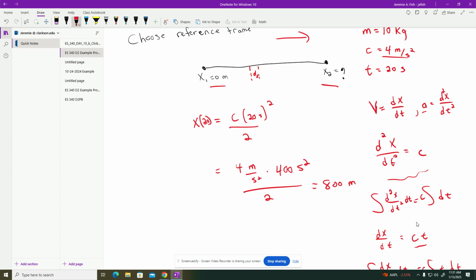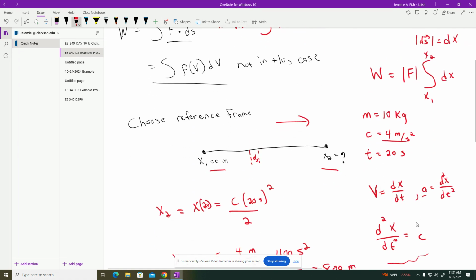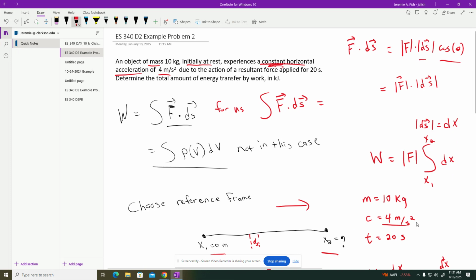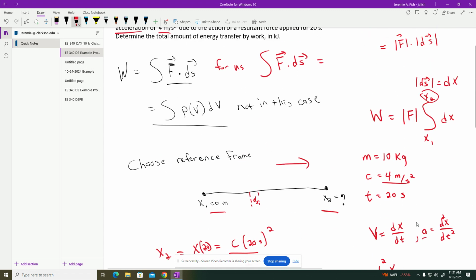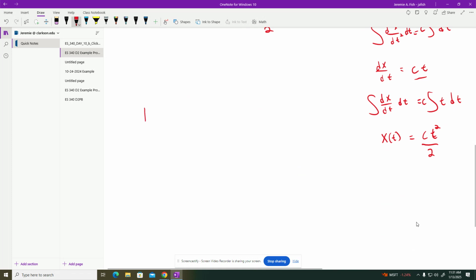So x2 then is equal to 800 meters. Great, so now we actually have x2 here that we can use for our integral. Now the other thing is we need to find the magnitude of the force. In this case, the magnitude of the force is going to be equal to m times that constant acceleration c.